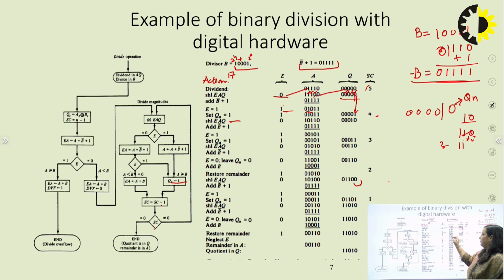So to perform the shift left operation, we put the bits one place to the left, and in the last part we will put an extra 0.